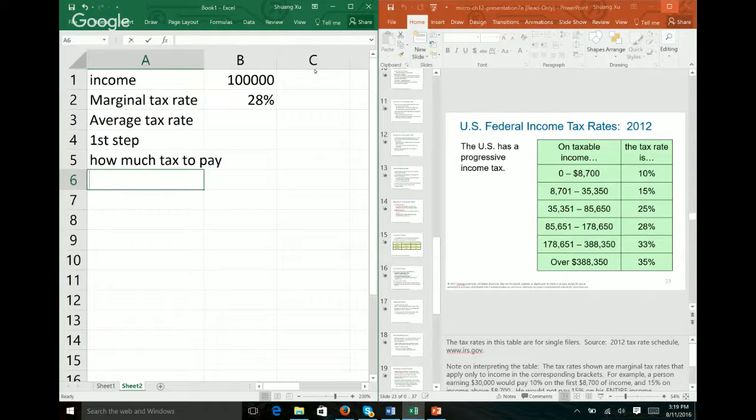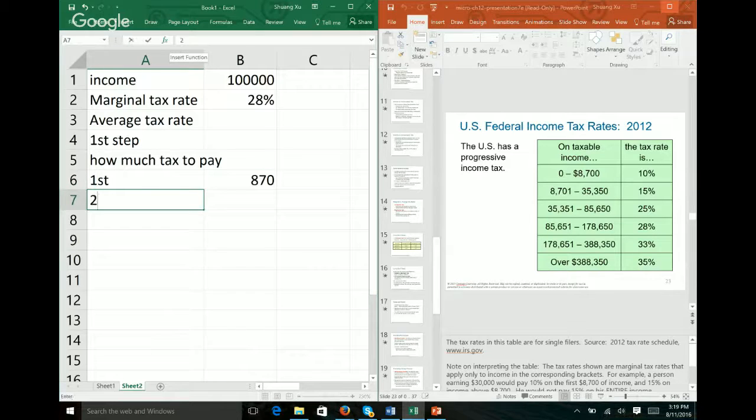So for the first bracket, we pay 10% of $8,700, which is just $870.